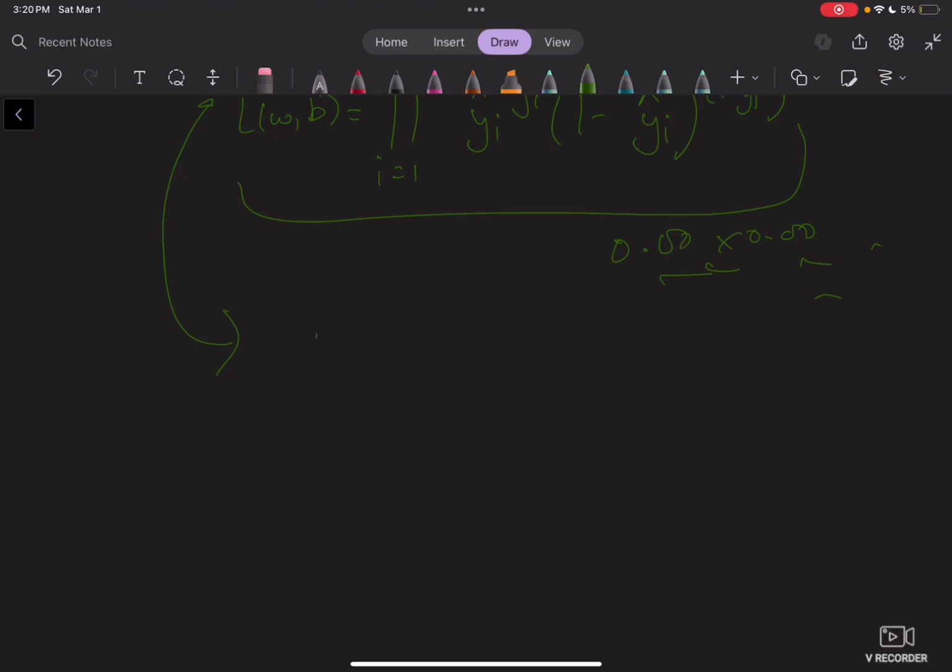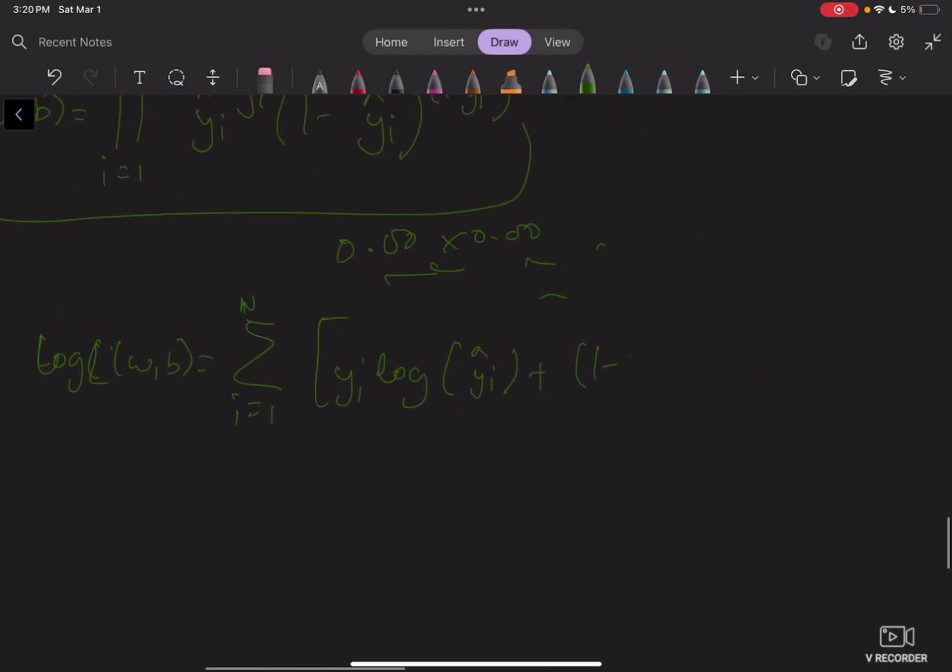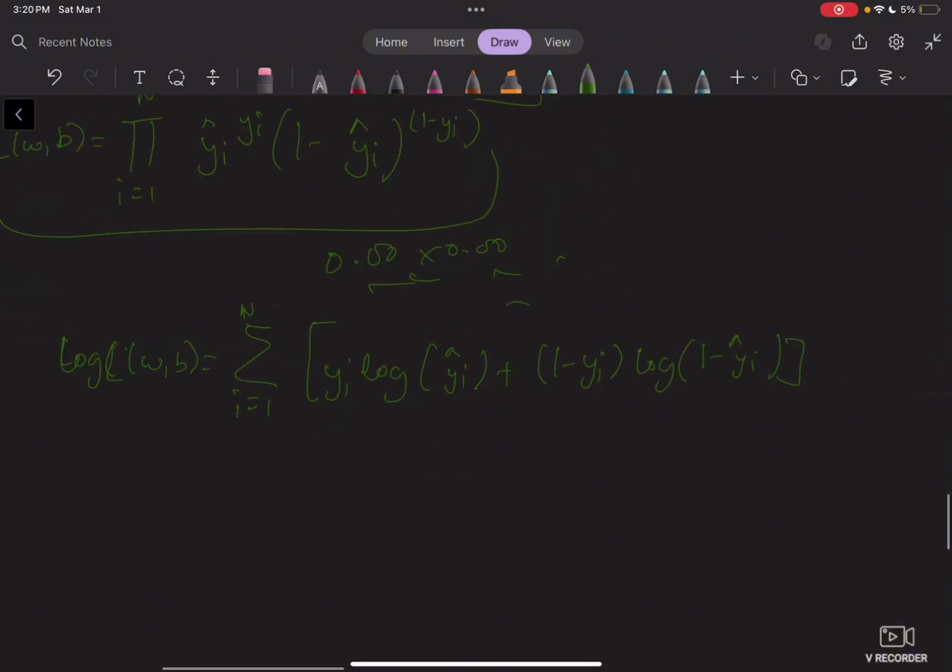When we take the log of this function it looks something like this: the sum from i equals 1 to n of yi log y hat plus (1 minus yi) log(1 minus y hat). Okay, makes sense?